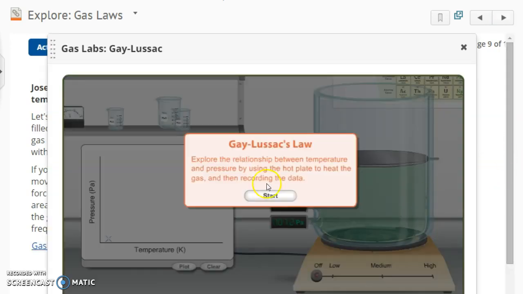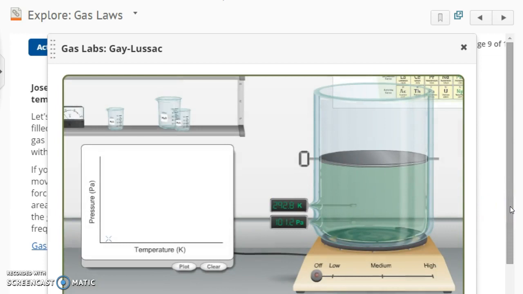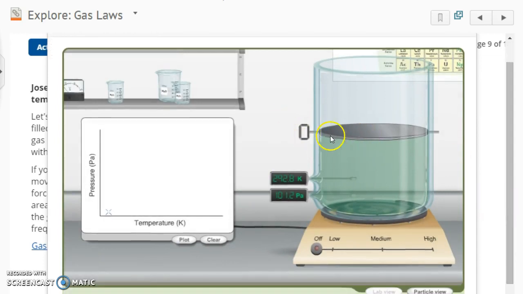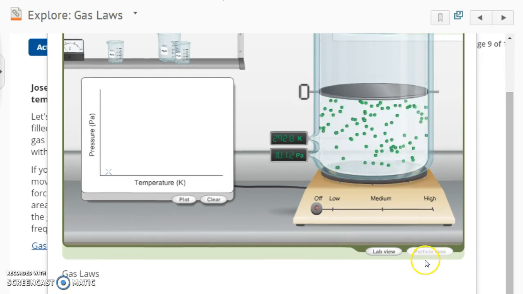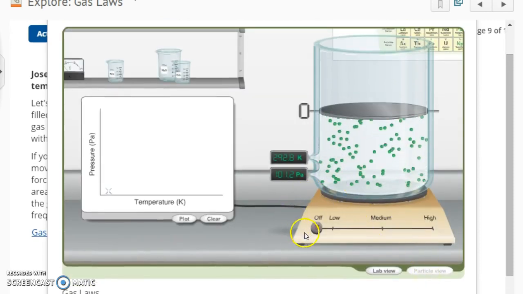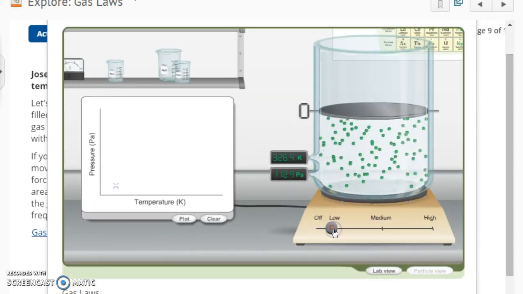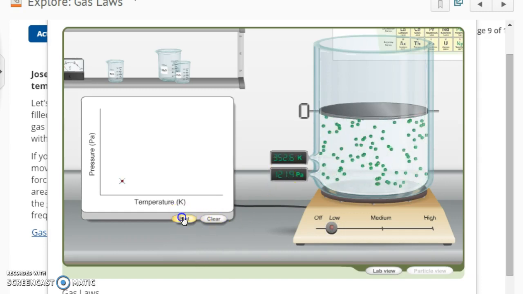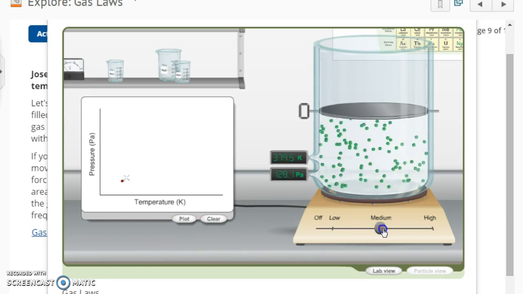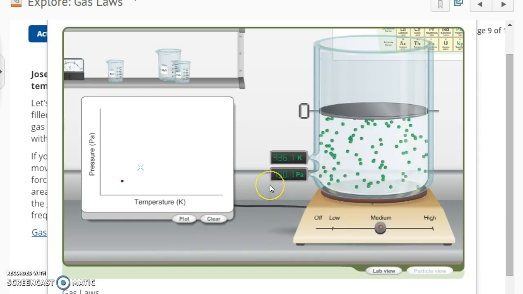All right, so if we look at the diagram, this one is set. See, we cannot move the piston. Our volume has to stay the same. So as we increase our temperature, our pressure does what?